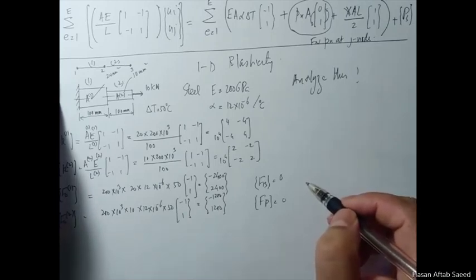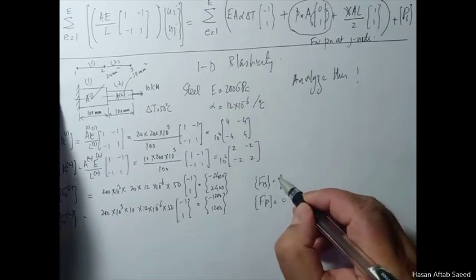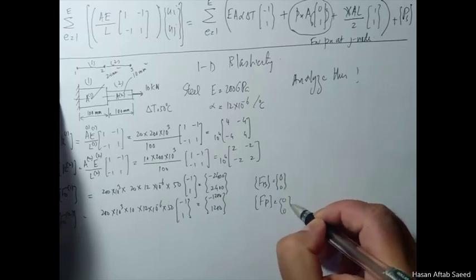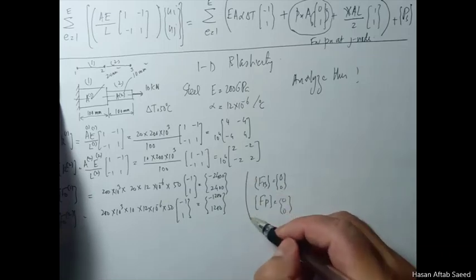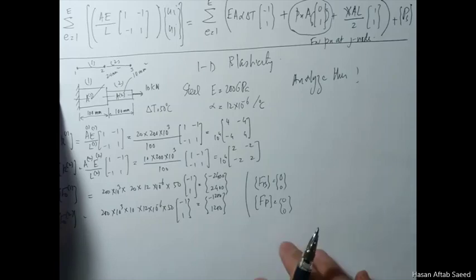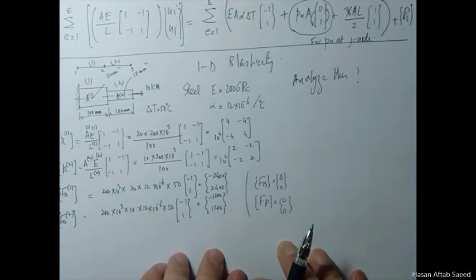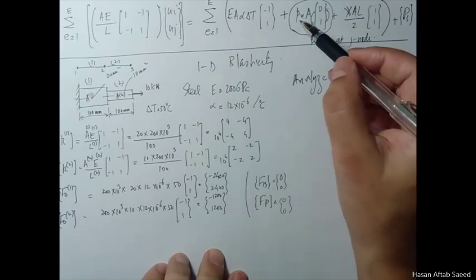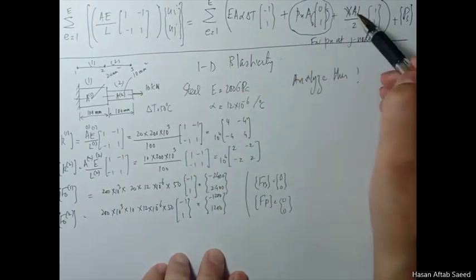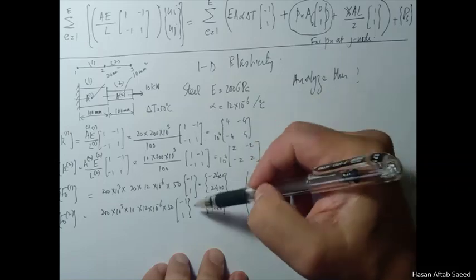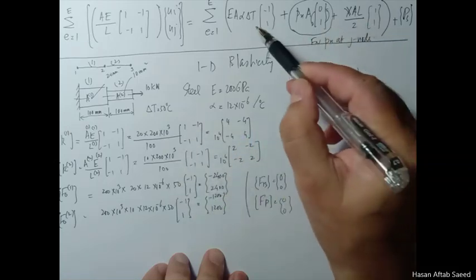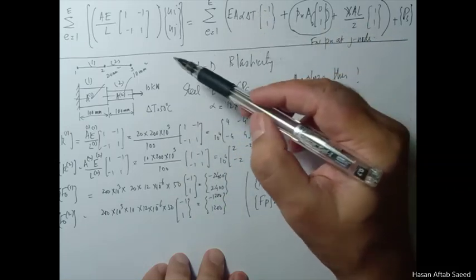Actually, if I am accurate, I should write 0 0 because it's a vector, but you get the point. Had there been some pressure at this end or some body forces, we would have done the same procedure here, but they are not there. So we have the element level work done.